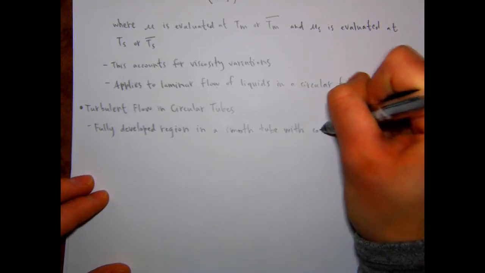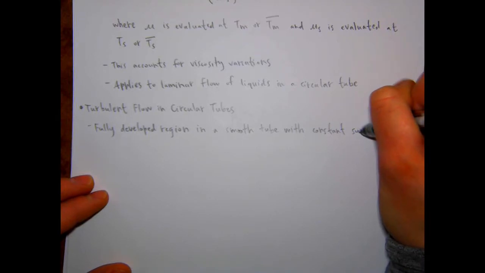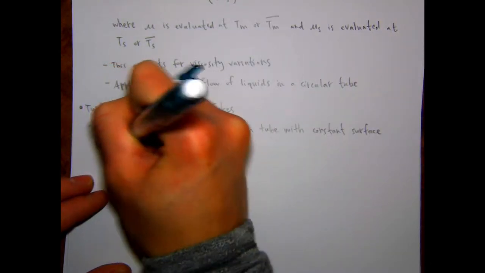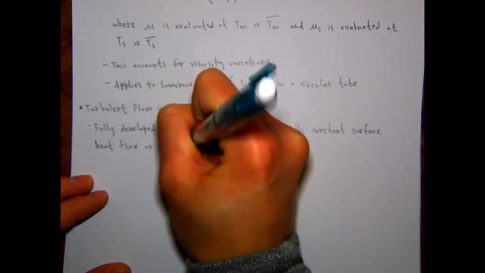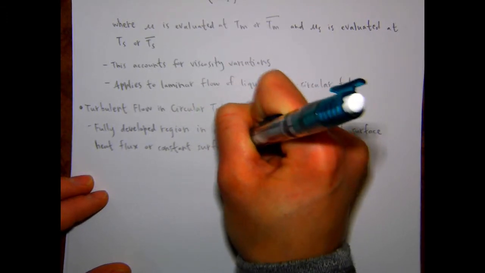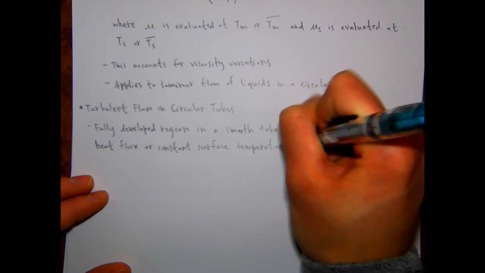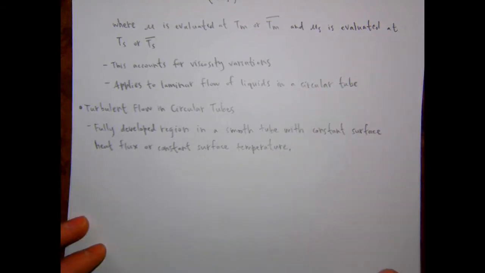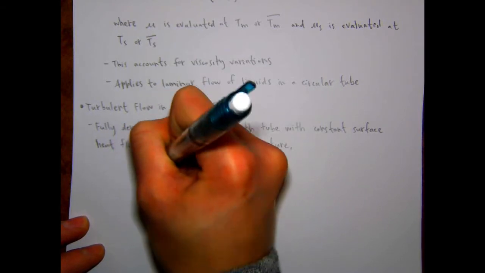With either boundary condition, constant surface heat flux or constant surface temperature, the local expression for the Nusselt number.